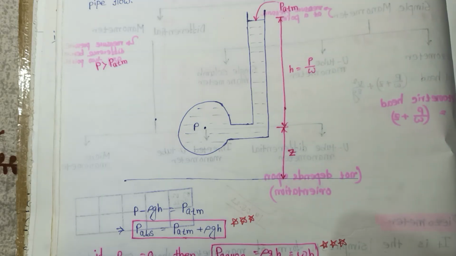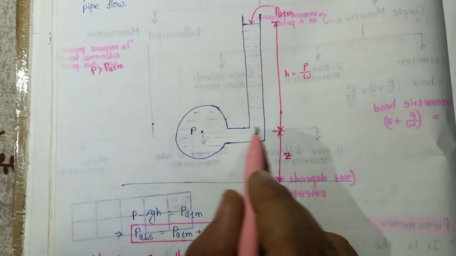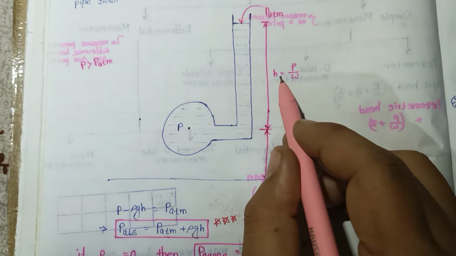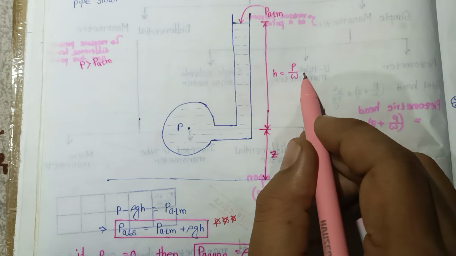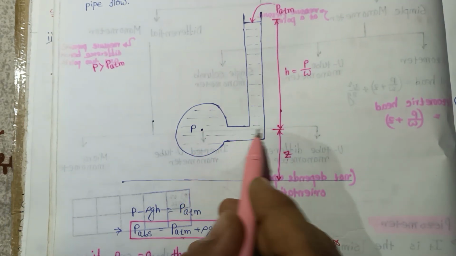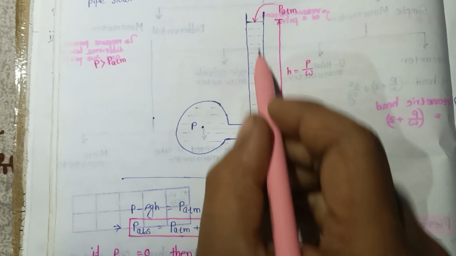So the height from this reference to point P is z, and here the liquid column deflection is h equal to P by omega. This is going upward, so it is minus rho gh.